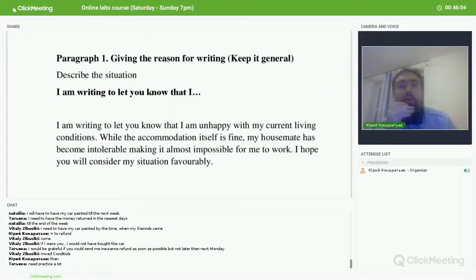Paragraph 1. We're going to give the reason for writing, but you need to keep this reason general. Describe the situation. You can start your sentence with, I am writing to let you know that I. And here is my example. I am writing to let you know that I am unhappy with my current living conditions.